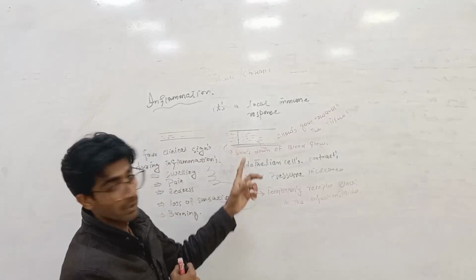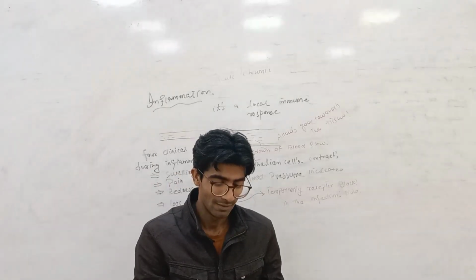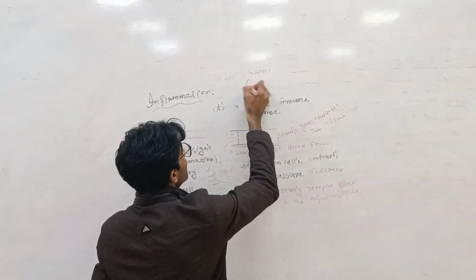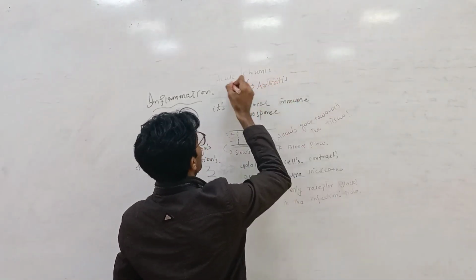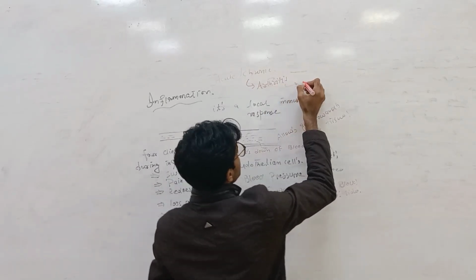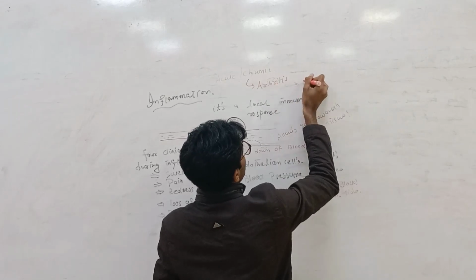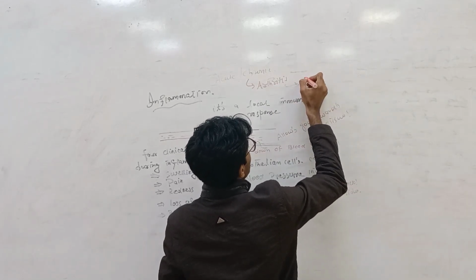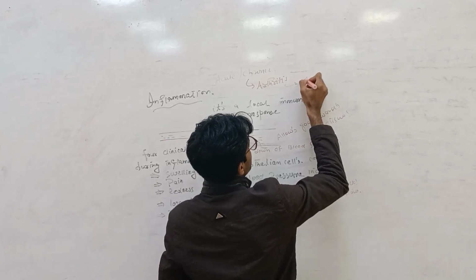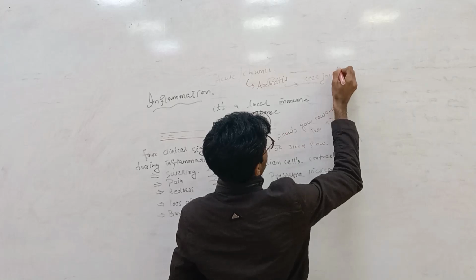That is known as chronic. For example, arthritis, which is present in the knee joint.